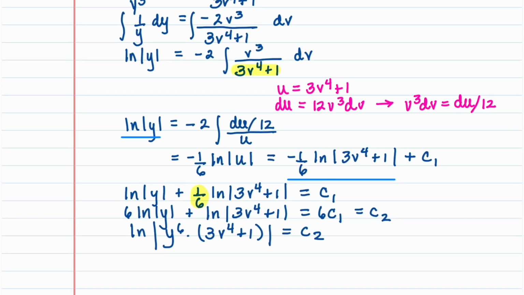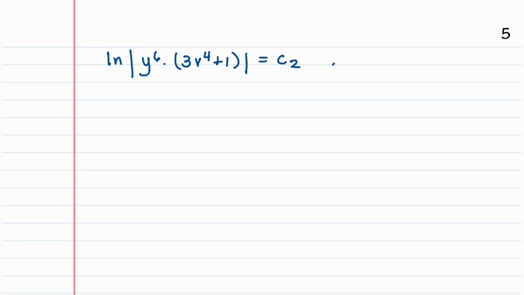Since we're running out of room, I am going to bring this over to the next page. Let's also write down that v is equal to x divided by y, because we're going to plug that in right now. This gives us natural log absolute value y to the 6th times 3x to the 4th divided by y to the 4th plus 1.